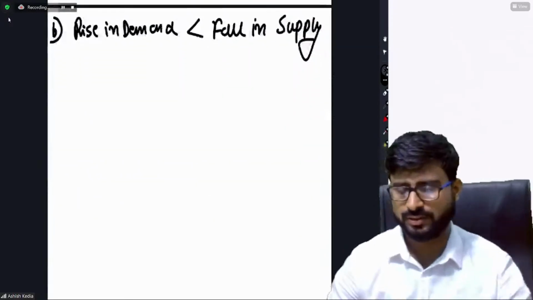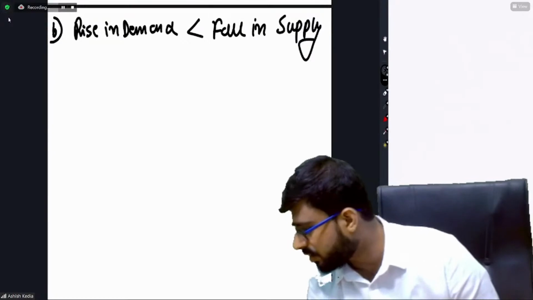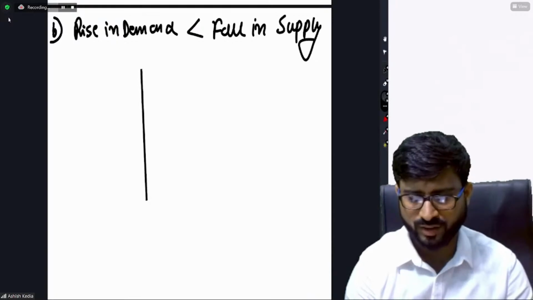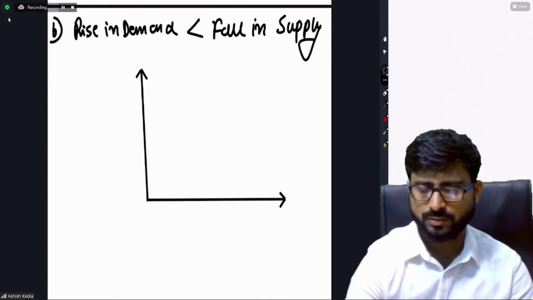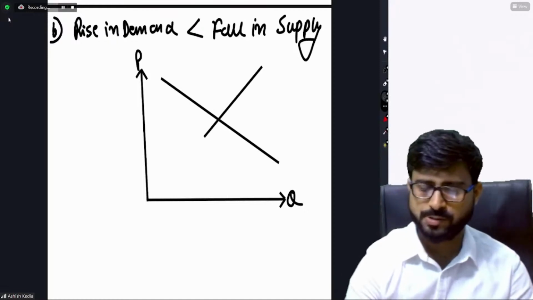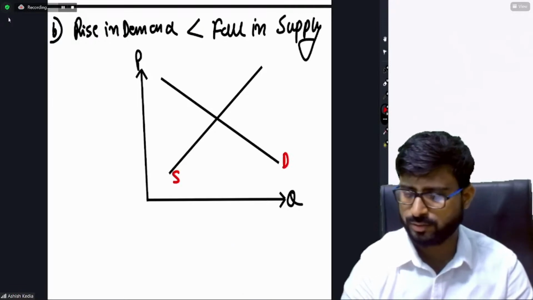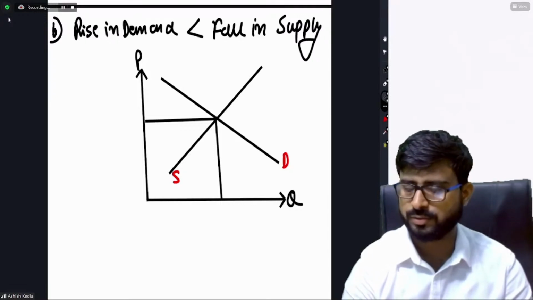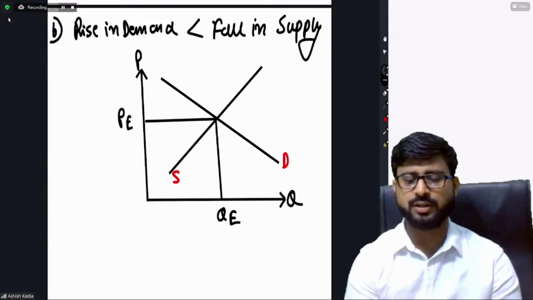Okay, let's go. Vaidehi, Kushi, Shreyas, all these people have answered. Let's see. Price, quantity. This is demand, this is supply. Equilibrium price, equilibrium quantity.